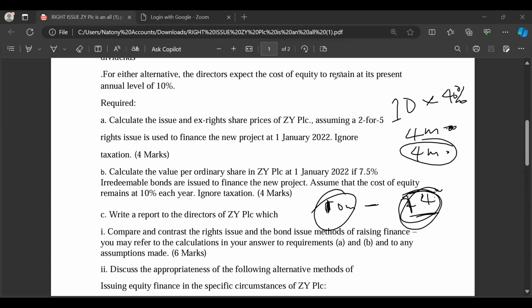And when a right issue is issued, so long as the family also subscribe to the right issue, there won't be loss of control. But where they don't have money to subscribe to the right issue, where they need to sell their rights, then that may lead to a loss in control.